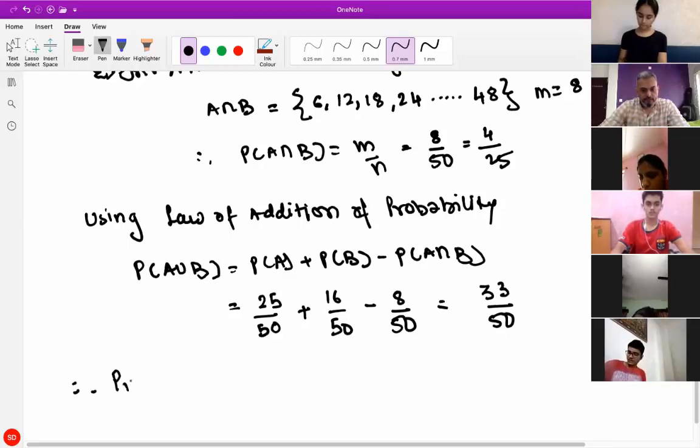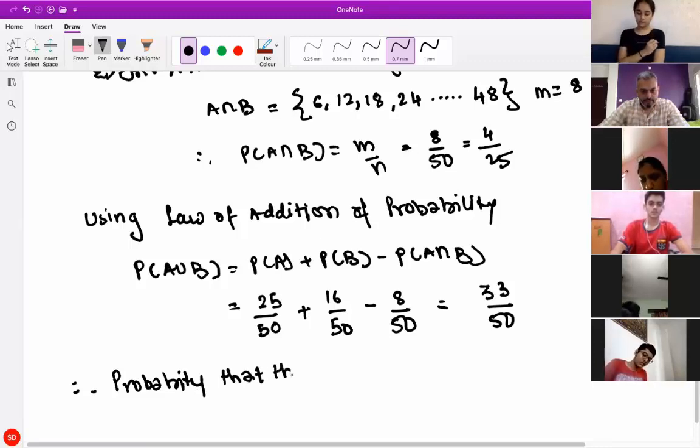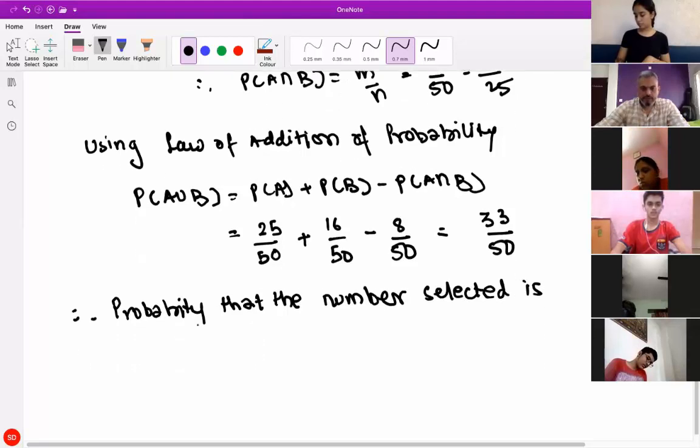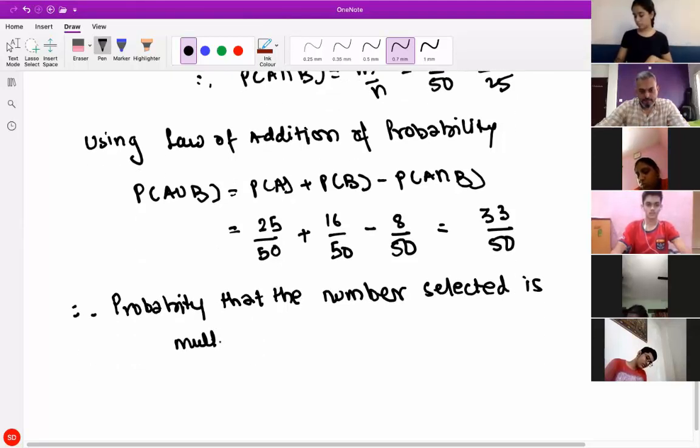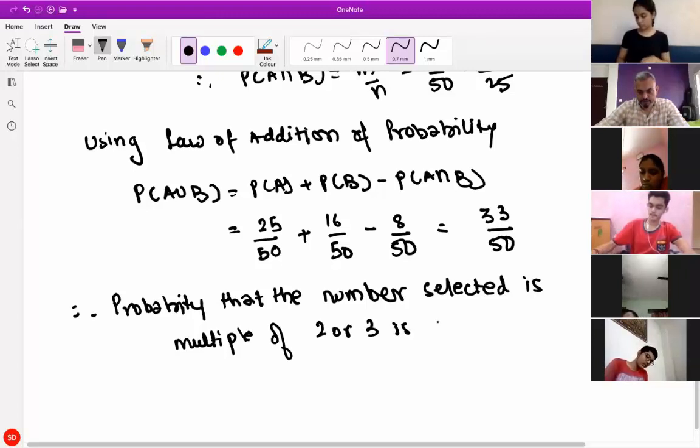Therefore, probability that the number selected is multiple of 2 or 3 is 33 by 50. Answer.